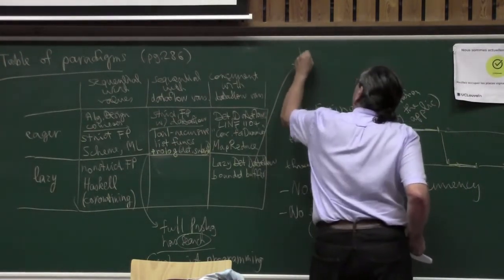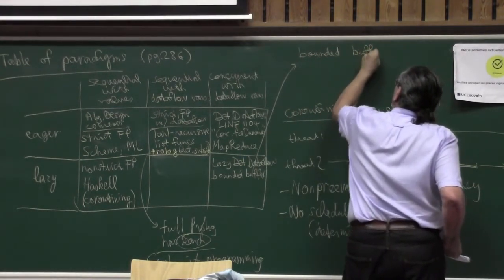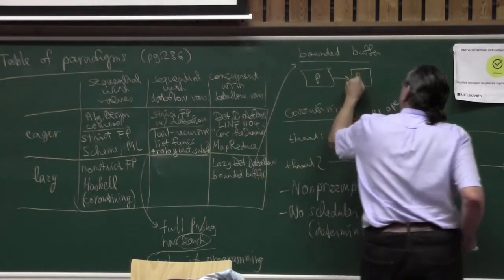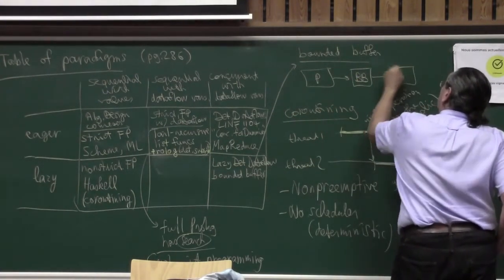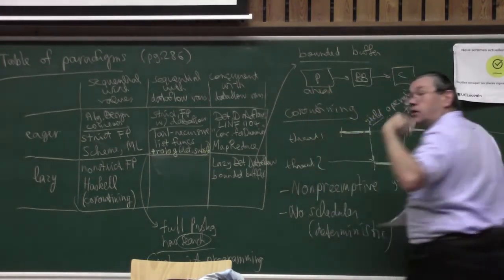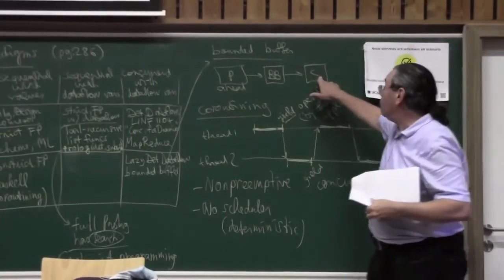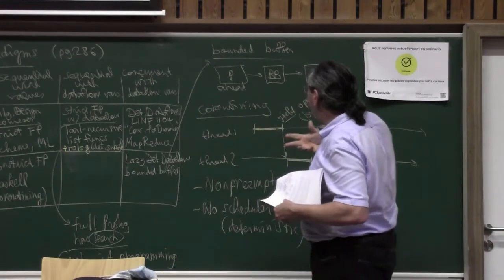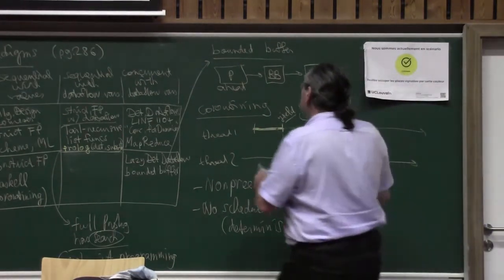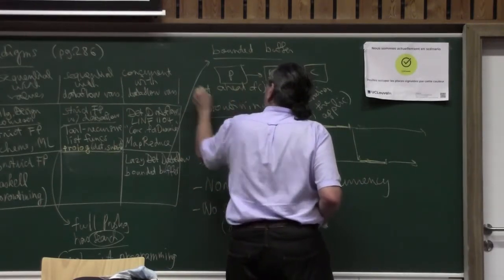In the bounded buffer, the producer can get ahead of the consumer. That means it can compute more values even if the consumer has not asked for them. That's a form of concurrency. The threads are independent.